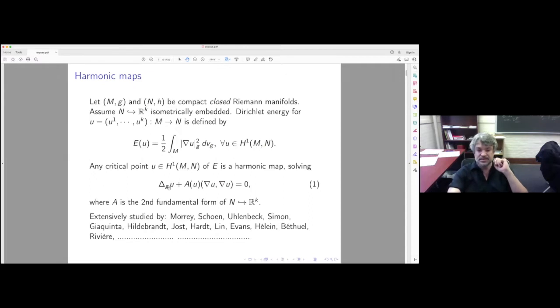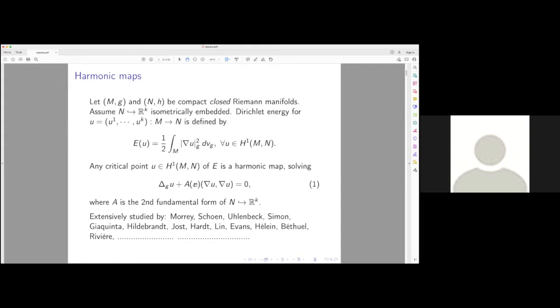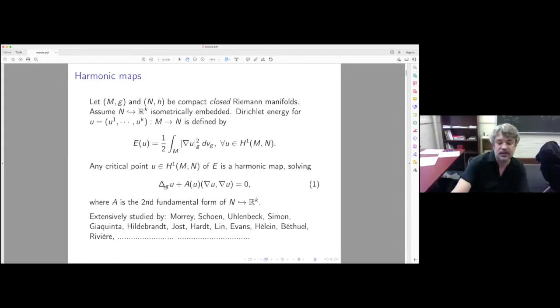So basically this tells you that if you take an H1 solution obtained by minimization, for instance, provided you solve a Dirichlet problem locally, then you would get that the Laplacian is in L1.